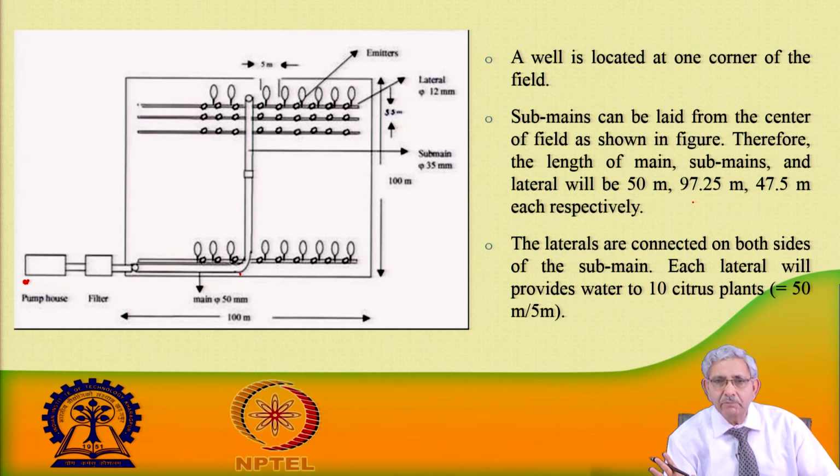Up to 100 meter there is as such no problem, but if we reduce the length of the pipeline, we will get better uniformity of water application. So, each lateral will provide water to 10 citrus plants.